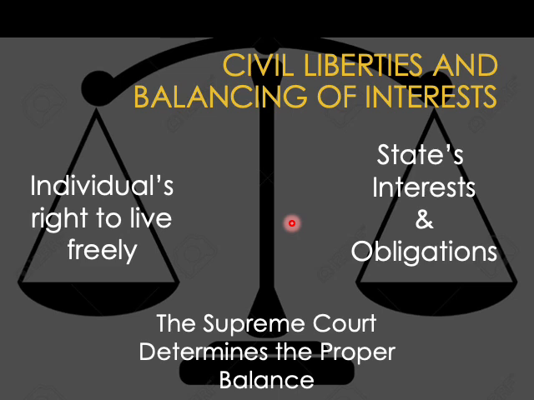The state needs to get its job done. It needs to have voting precincts where you go and cast your vote, right? And so when we're learning about civil liberties, it's oftentimes a balance between the individual's right to live freely, and the state's interests and obligation to make sure that we actually live in a stable and ordered society.